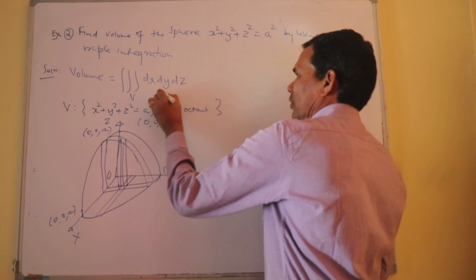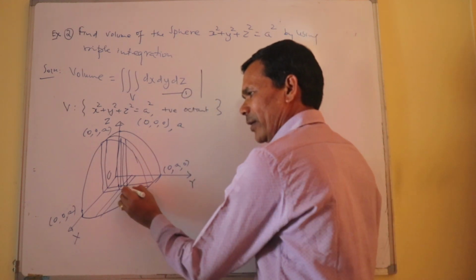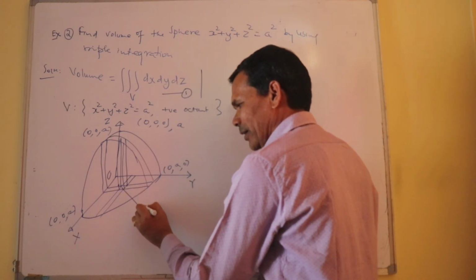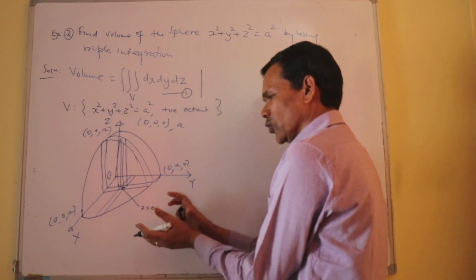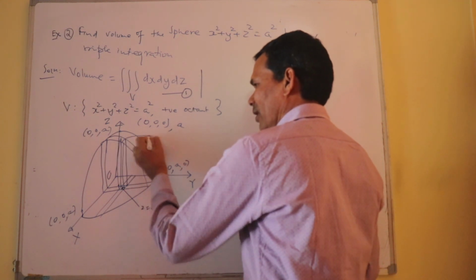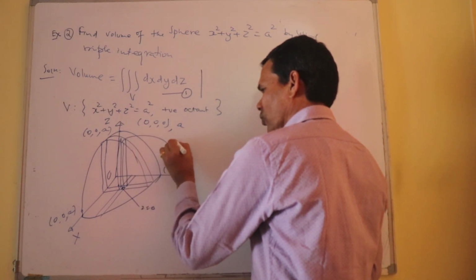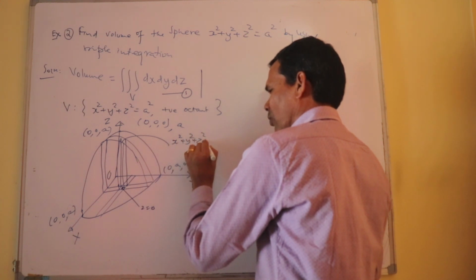So I call this expression number 1 here. Now to find the limits at this particular point, z is equal to 0 because this is located in the XOY plane, the z equal to 0 plane, and this is the surface of the sphere x square plus y square plus z square is equal to a square.